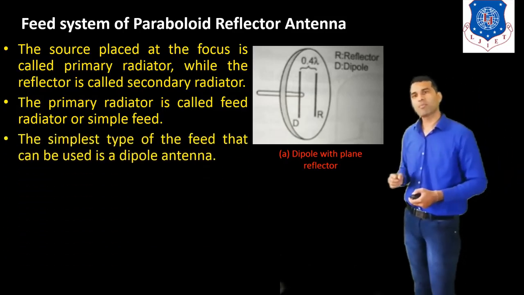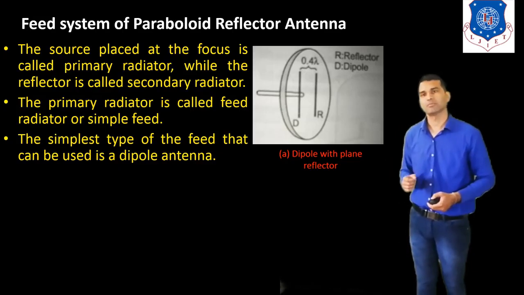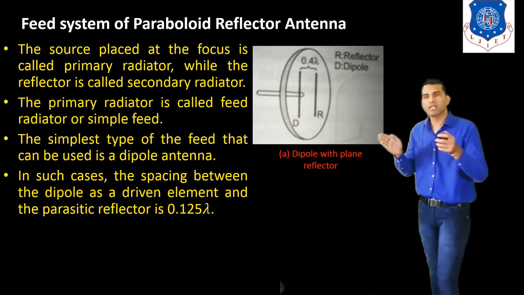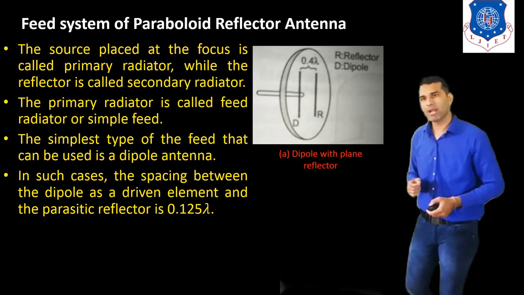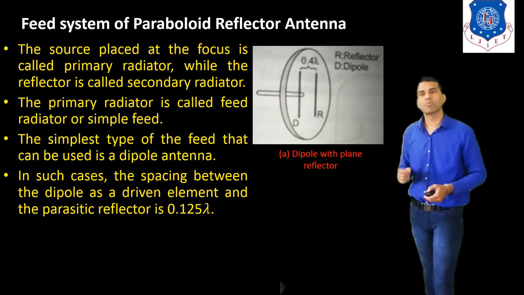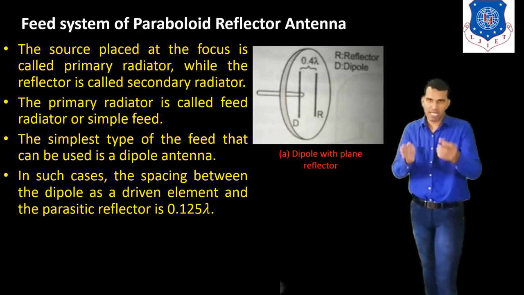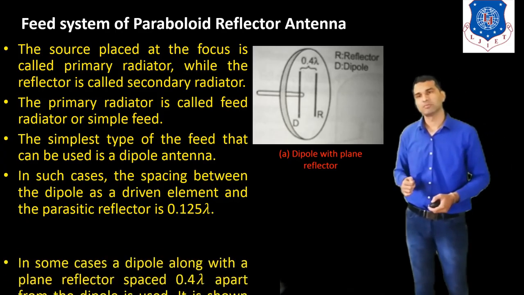The simplest type of feed that can be used is a dipole antenna. In such a case, the spacing between the dipole element and the parasitic reflector is 0.125 λ. That means the spacing between the primary and secondary antenna is 0.125 λ.